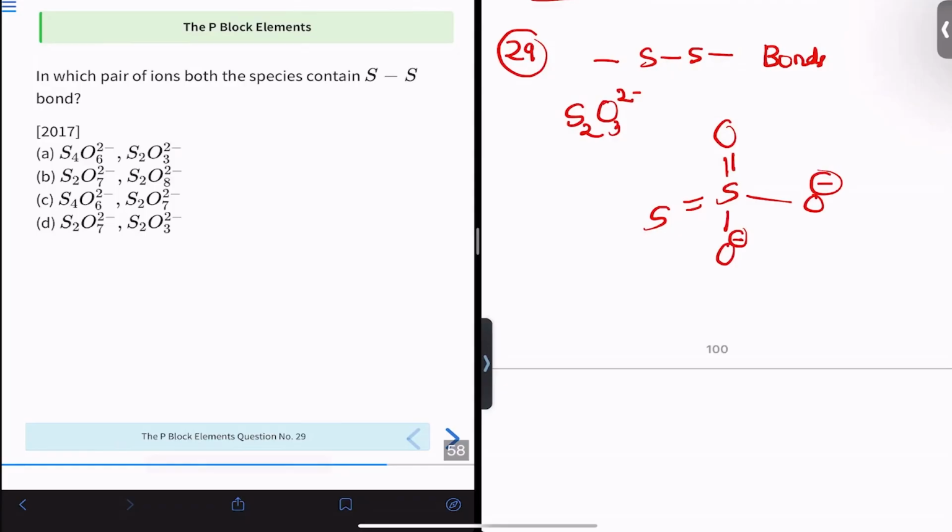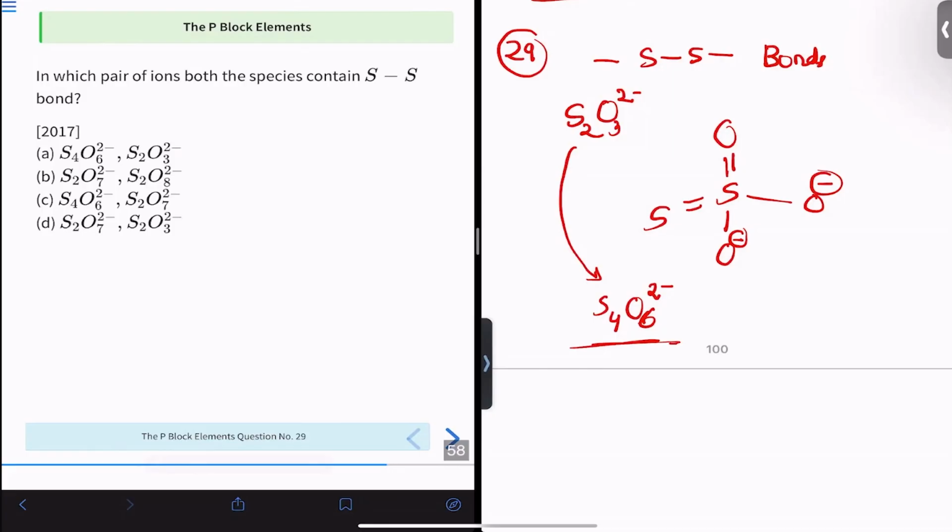And if you know the polymer of S2O3 2 minus, it will give rise to S4O6 2 minus, because the polymer means that only if two molecules of S2O3 2 minus are joined, it will give rise to S4O6 2 minus.